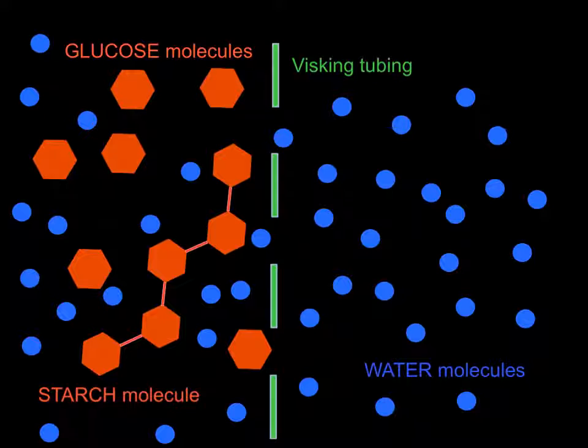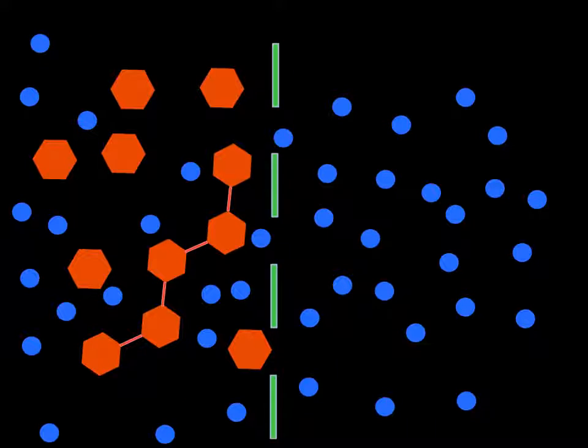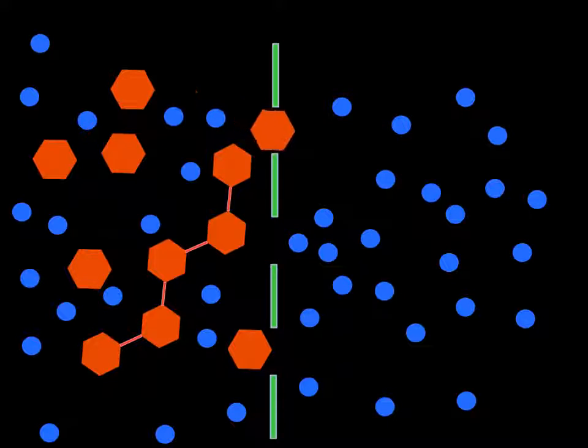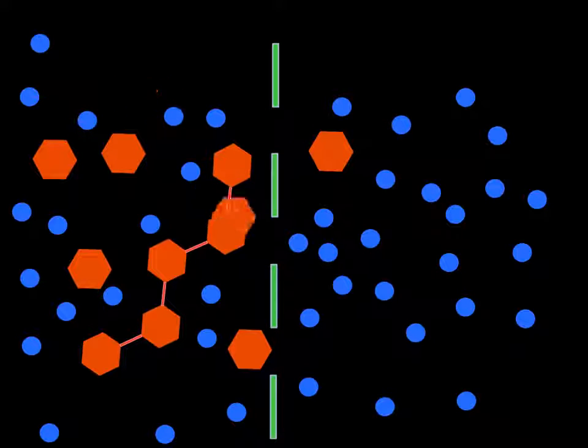So if you apply what we have just learnt, you can then see what happens when we have a mixture of both glucose and of starch. As usual, the water can move both ways through the membrane and the whisking tubing, as can the glucose.